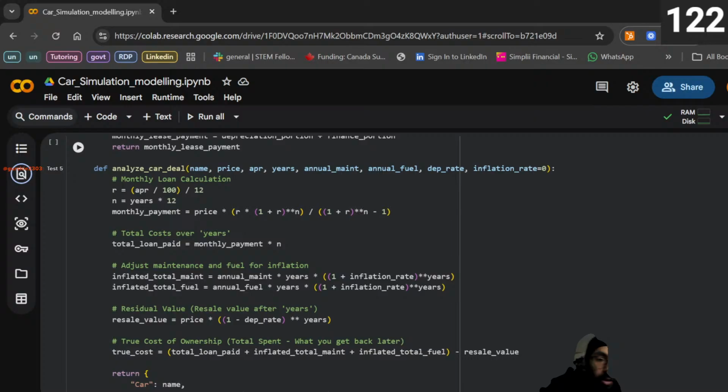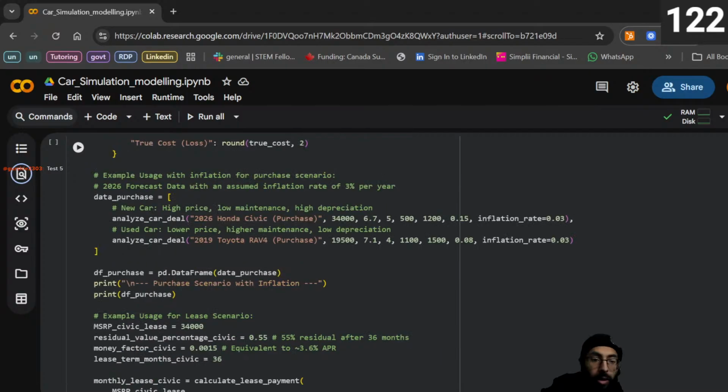This is the data it's giving back. Example usage for a lease scenario. This is a Civic lease, 55% residual after 36 months, which is 3 years. These results: it's saying the 2026 Honda Civic has a $668 payment, and the 2019 RAV4 has a $467 payment. There's more out of pocket for the Honda Civic.